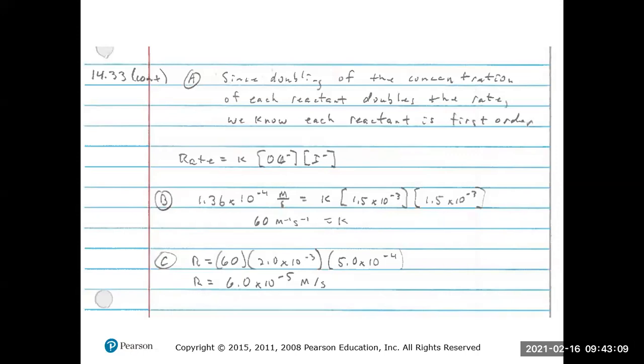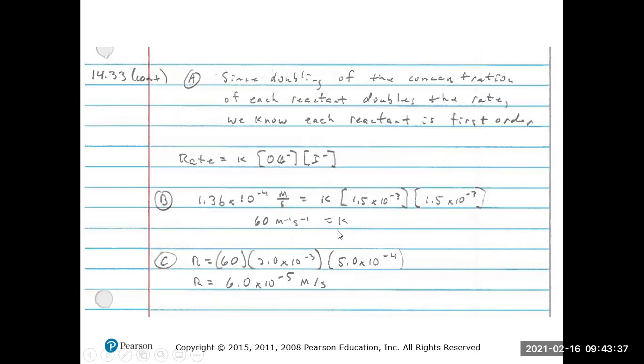Well, I just calculated a rate constant in part B, so now I know that. If I plug that into my rate equation, I can plug in my two concentrations. So now I have 60 times 2 × 10⁻³ times 5 × 10⁻⁴. Those are those concentrations. And then I can calculate the rate for those concentrations.